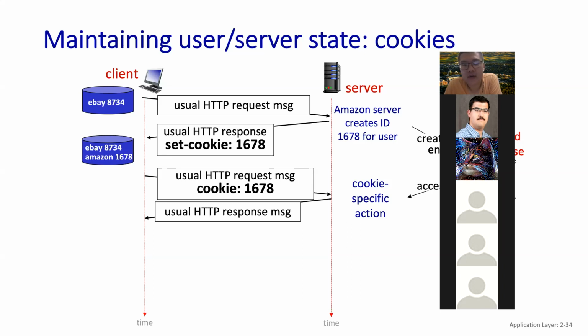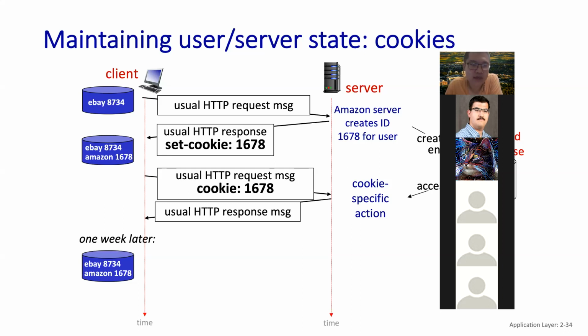And the server will identify that, okay, that's Susan, because you provided 1678, it will match Amazon's backend database and recognize that it's Susan. Then it will give you some of your previously saved information. What kind of information you want to save, we can see later.